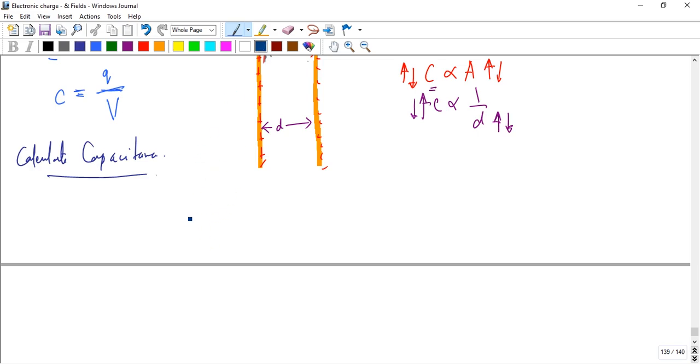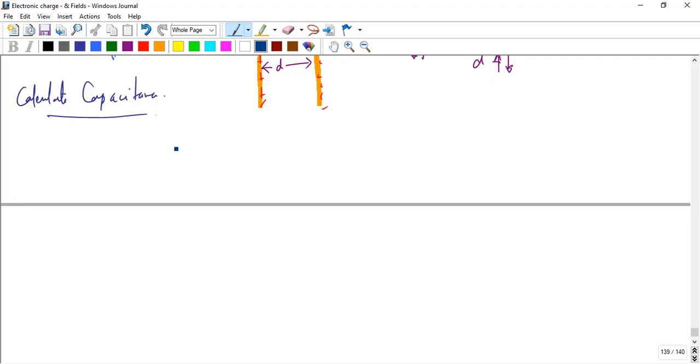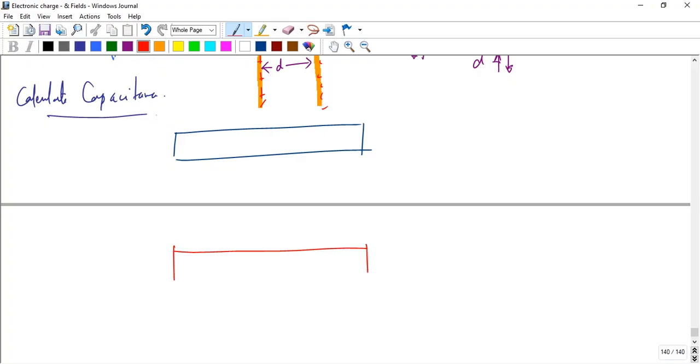Here there are two surfaces. The bottom of the upper surface gets positive charge, Q, with charge density sigma greater than 0, and the top of the lower surface gets negative charge.